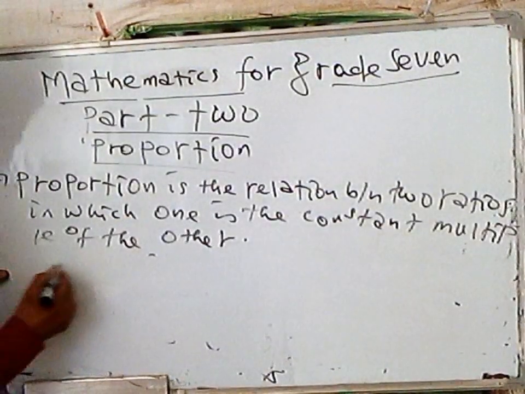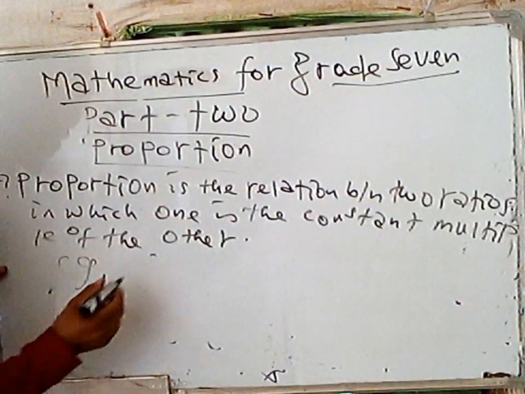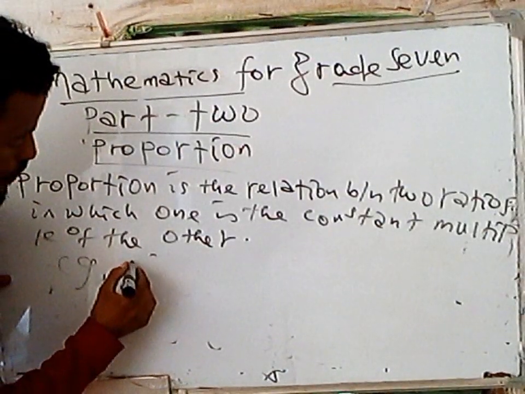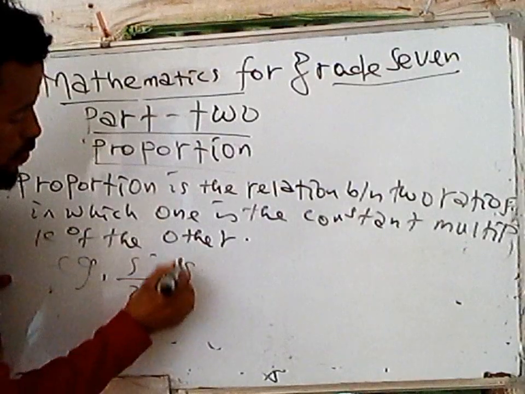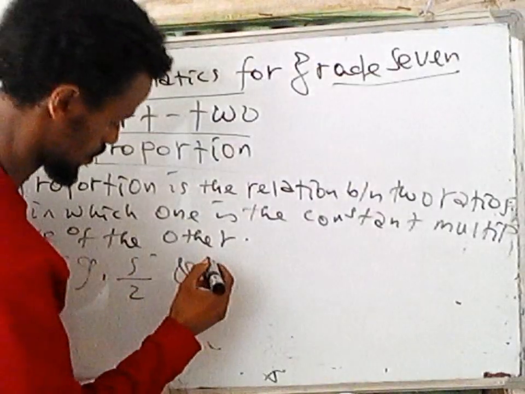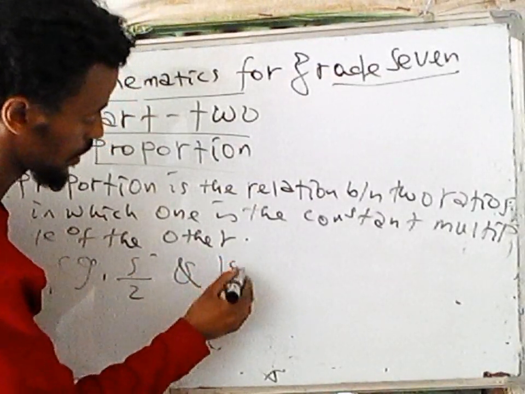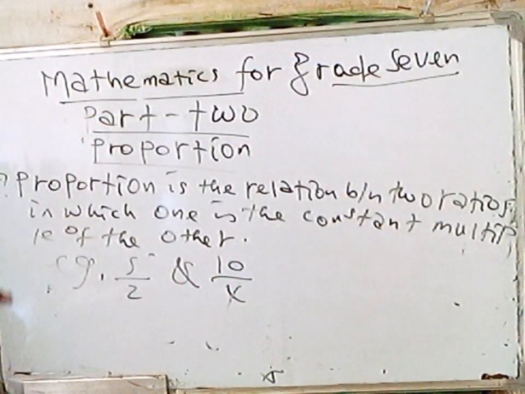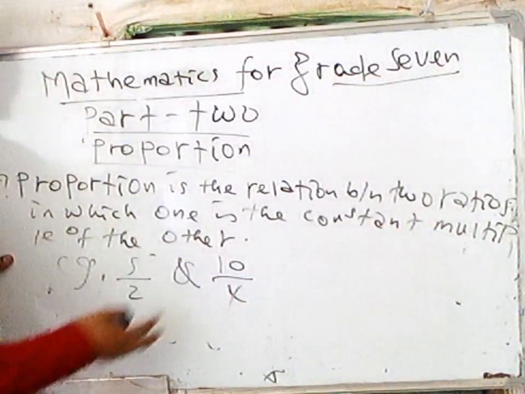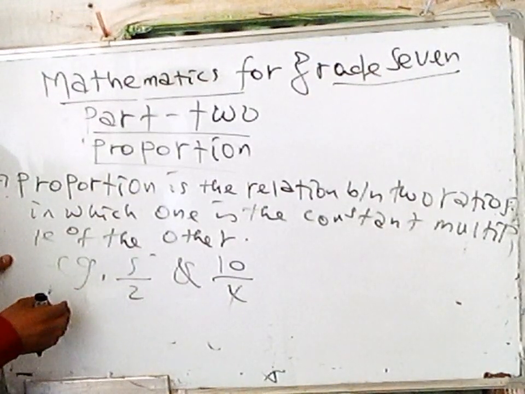So as an example, if you are given 5 over 2 and 10 over 4, one is the constant multiple of the other.